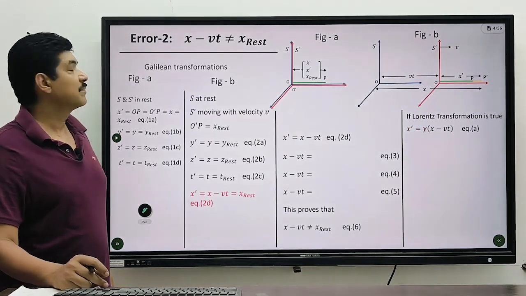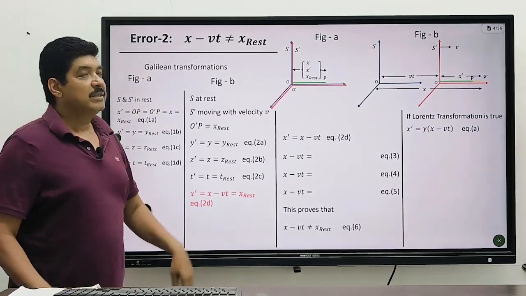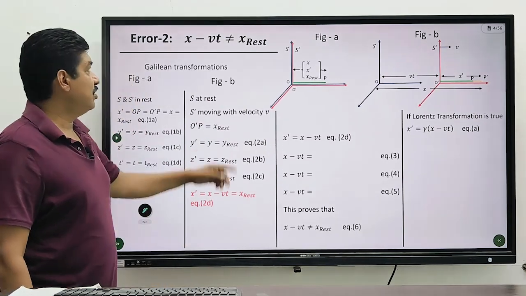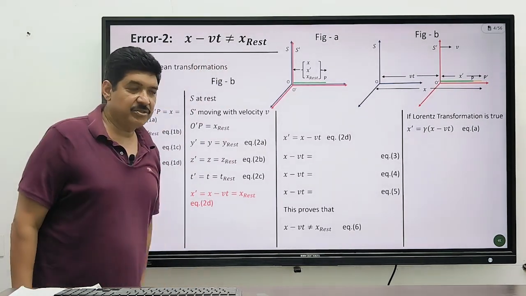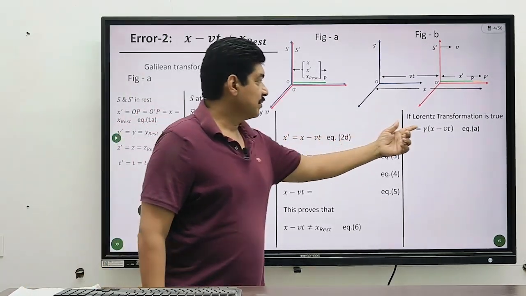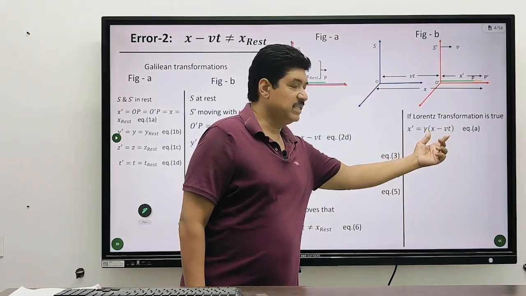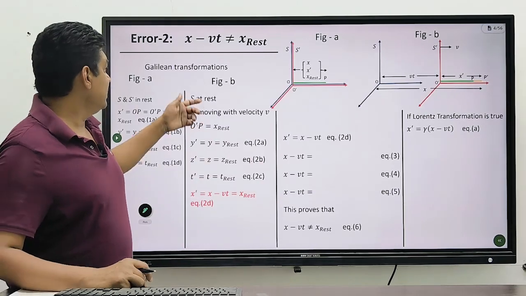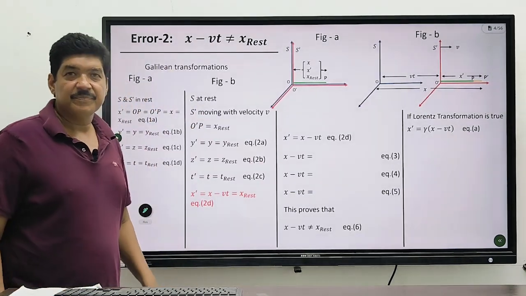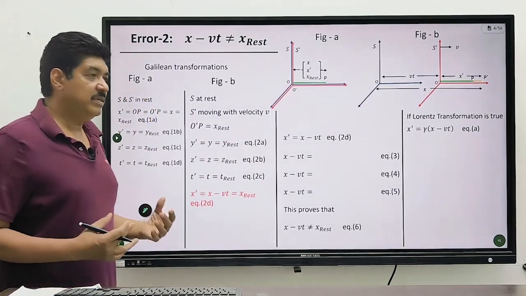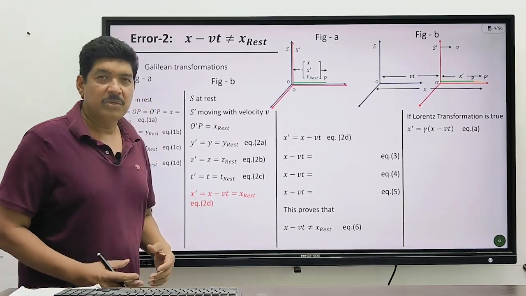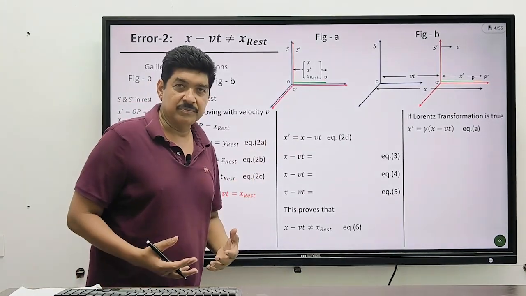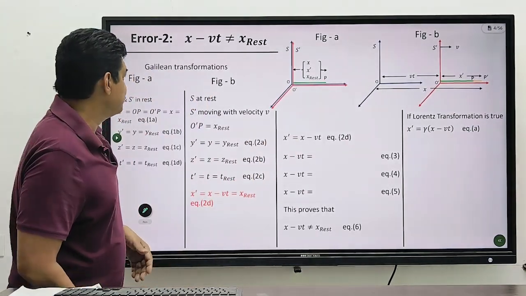Next, error 2, that x minus vt is not equal to x rest. Actually, this x minus vt in the equation of Lorentz transformation is taken from the Galilean transformation, and in Galilean transformation also this equation is wrong. So let us see how it is wrong.